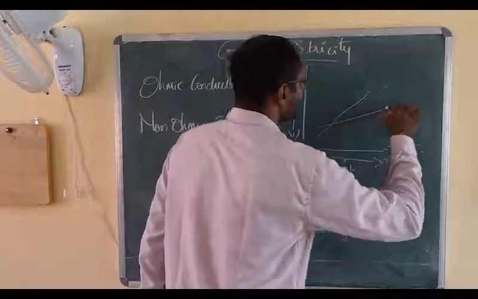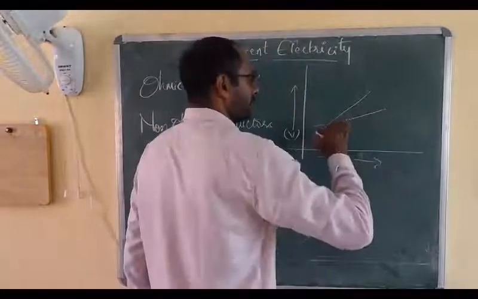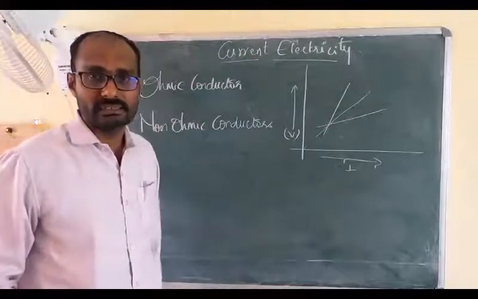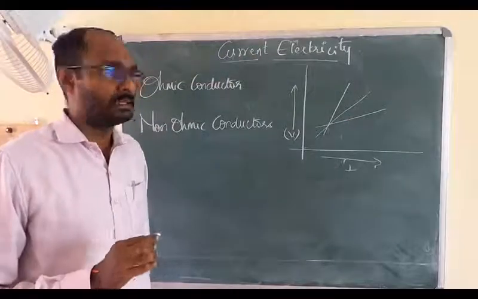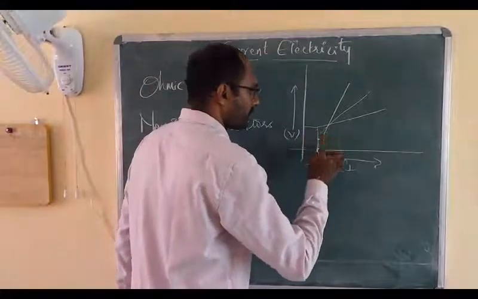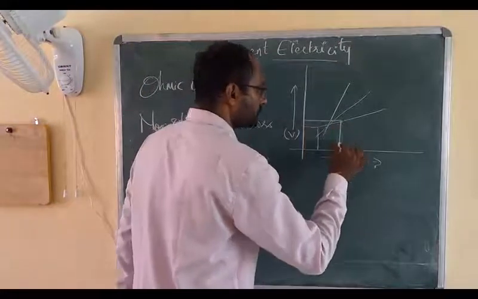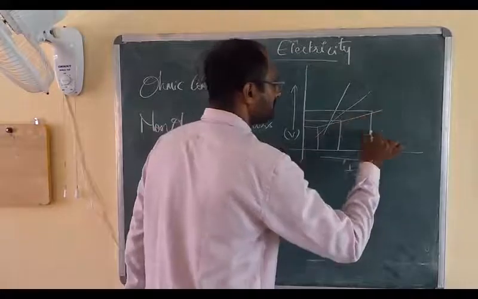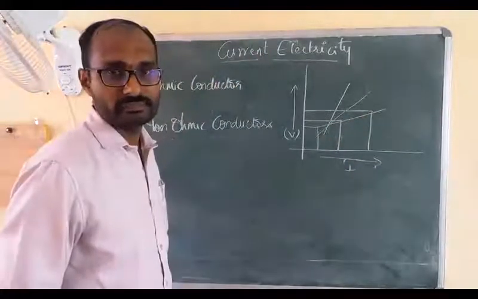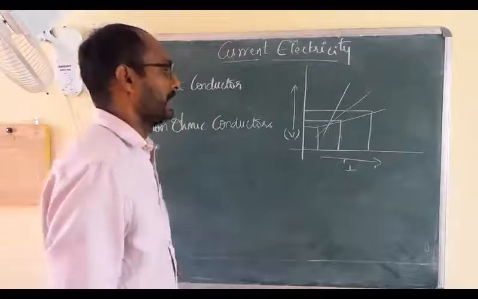Even if it is like this, a straight line, then we call these ohmic conductors. Why? At every point, for equal change in voltage, there is equal change in the current flowing.